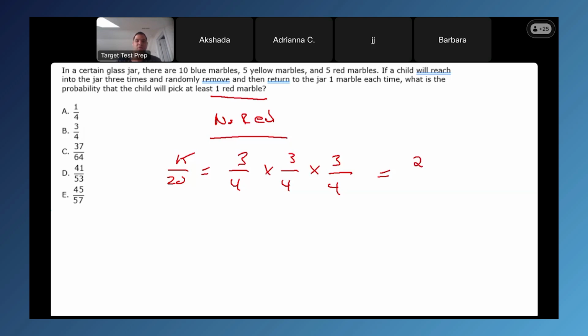So you end up getting 27 over 81, and then you just subtract that from 1, like you guys did, and then that's how you get, not over 81, over 64. I don't know why I said 81. And then you subtract that, and you get 37 over 64. That's a good time to use it.